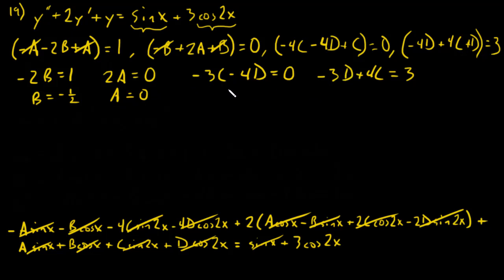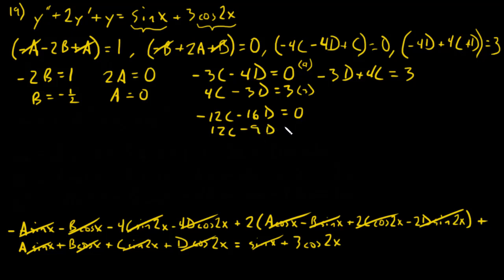I'm going to rewrite this one under this one. So 4c minus 3d equals 3. I'm just going to use elimination. Multiply this one by 4 and this one by 3. So when I do that, I'm going to wind up with negative 12c minus 16d equals 0, and then positive 12c minus 9d equals 9.